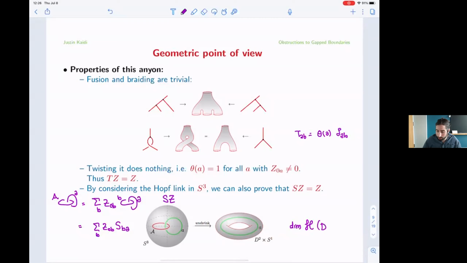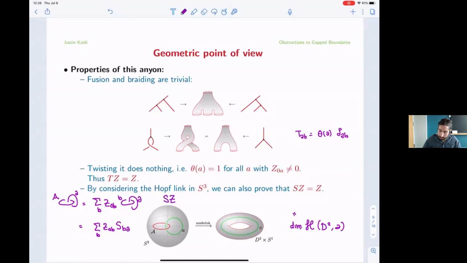But in particular, it's D2 punctured by the a anyon, right? It's just like a cross section of this solid torus. I won't prove it now, but if you want the proof, I can give it later. It turns out that this thing here is z0. So this gives me the z. And so this picture proves Sz is equal to z.